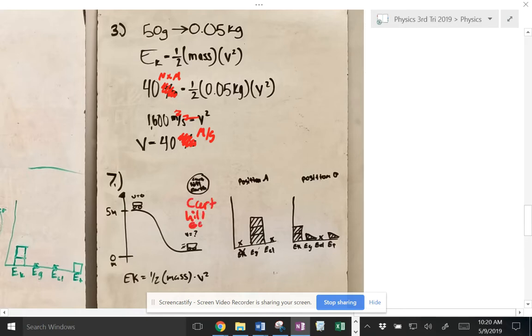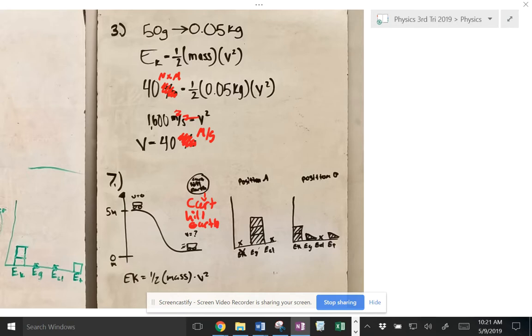So for position A, we have EG, 3 things, 3 boxes, cubes, whatever. And then for position B, we had 2 for EK, and we did a half for both EG and ET. And then, to be honest, we weren't sure what to do from there.